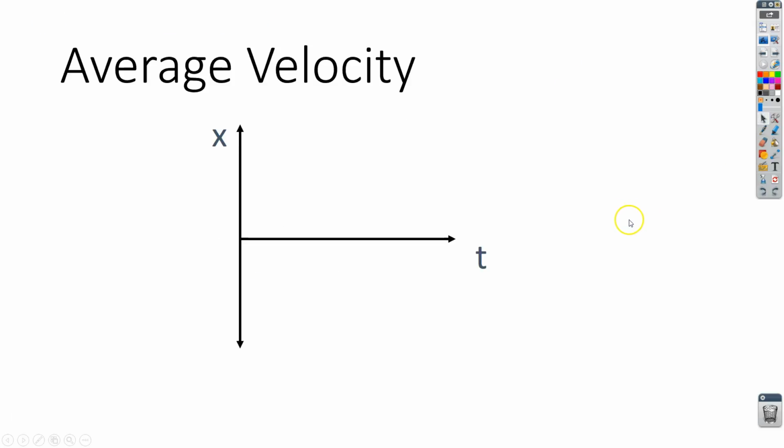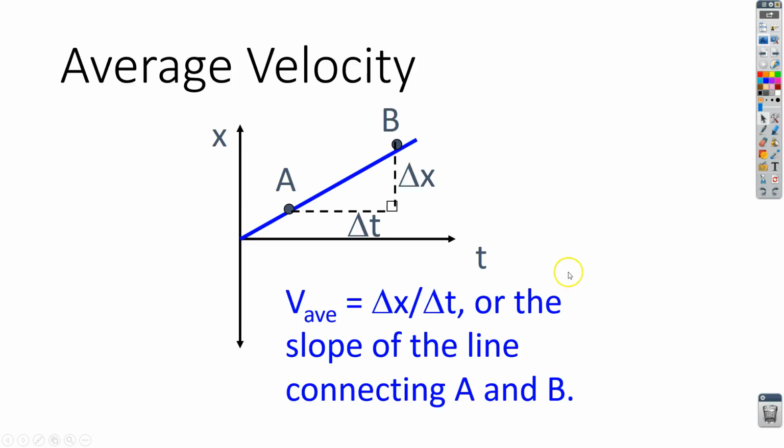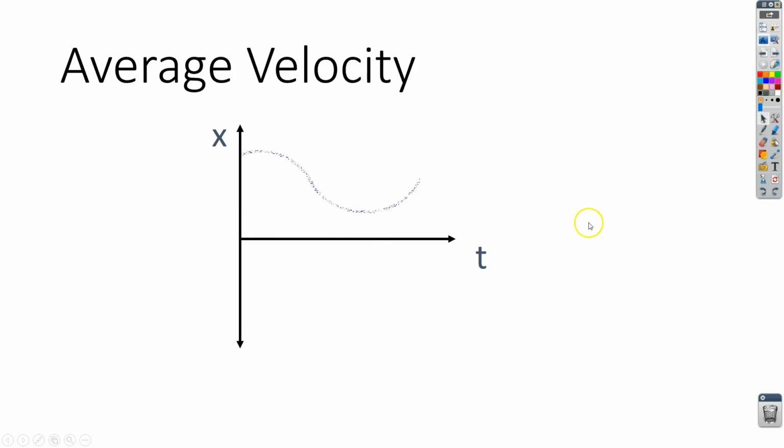For the next slide, this goes a little bit more into average velocity again. This is position versus time. And if I go from A to B, we know here is my change in position all over my change in time. So we can think about those two components of that line, or just the two spots. So that's our average velocity for those two lines.